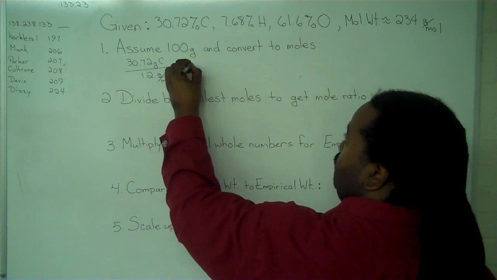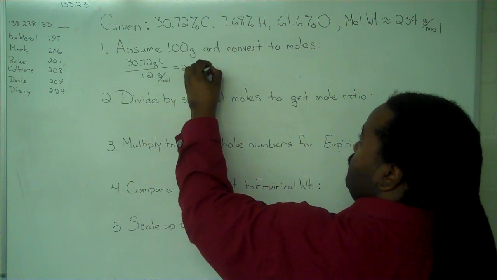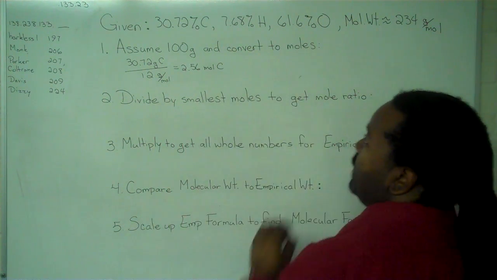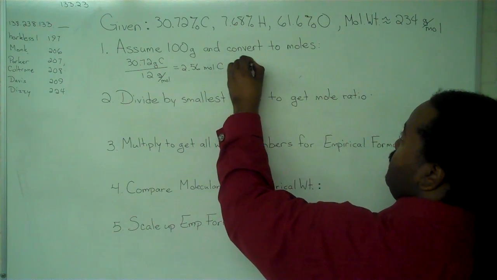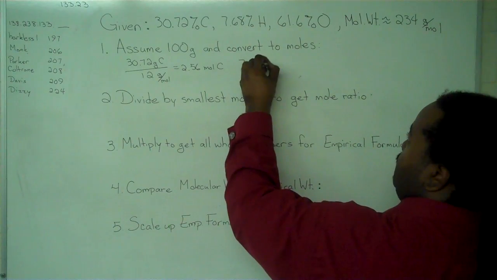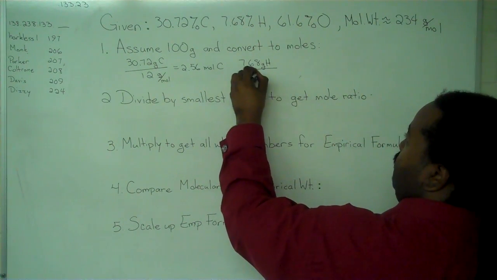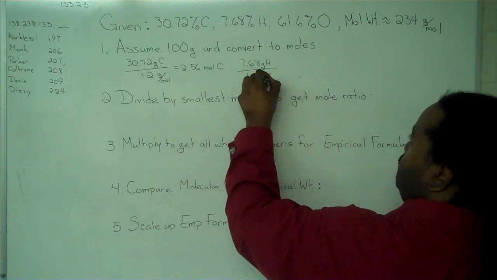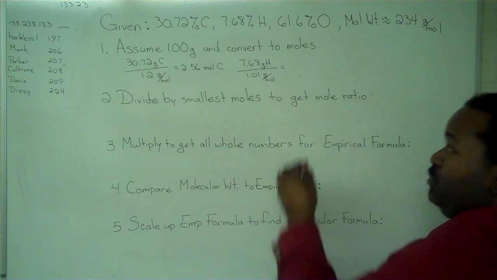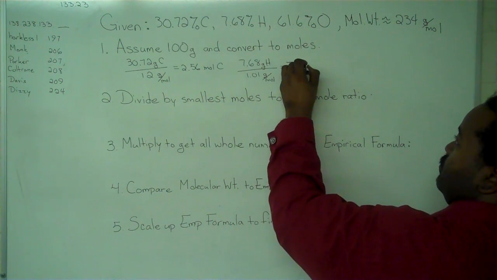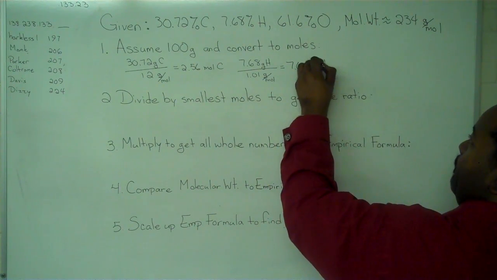This gives us 2.56 moles of carbon. We do the same thing for the hydrogen and the oxygen. 7.68 grams of hydrogen divided by 1.01 grams per mole. And this gives us 7.6 moles of hydrogen.